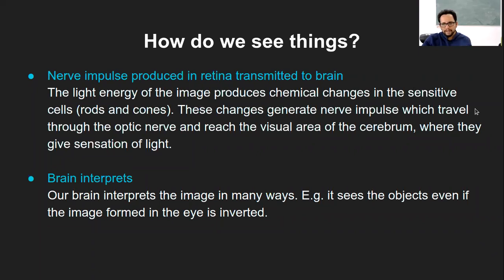They will induce certain chemical changes in the rod cells or cone cells, and they will generate the electrical impulse. That electrical impulse will travel with the neurons neighboring these rod cells and cone cells, and then it will go via the optic nerve to the brain.